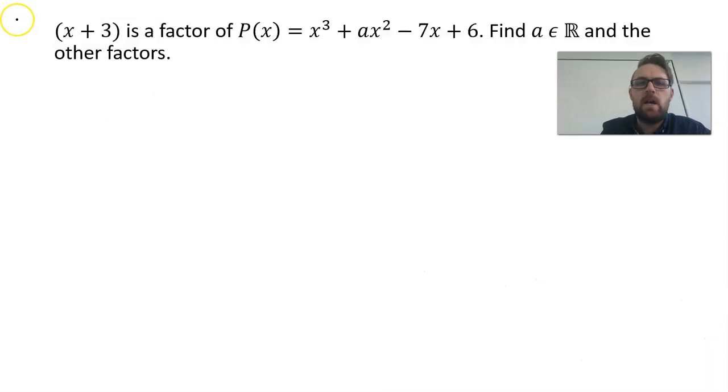So another good type of question that we could be asked or we could be working on in this set is the following. So we're given a factor of a polynomial, and we're asked to find the other factors.